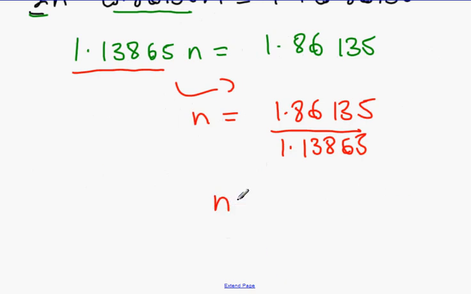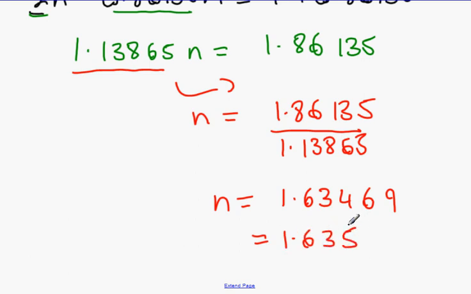And what do we get? 1.634. Now stop there. How many figures do we have? 1, 2, 3, 4, 5, 6. We need it to 4, so it's 1.635. That's 4 significant figures right there.